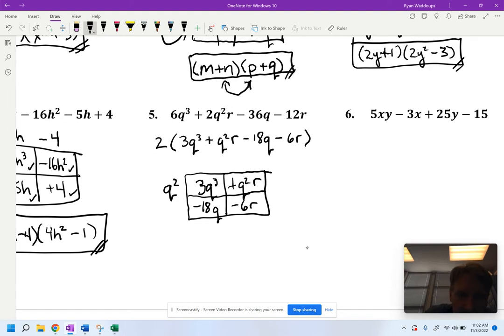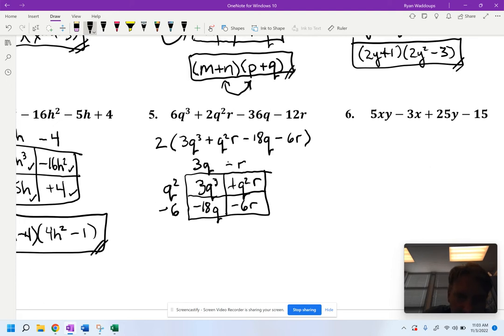This would be 6, and I'm going to put minus 6 because they're both negative. And then right above the first column, that'd be 3q. And above the second column, looks like r.